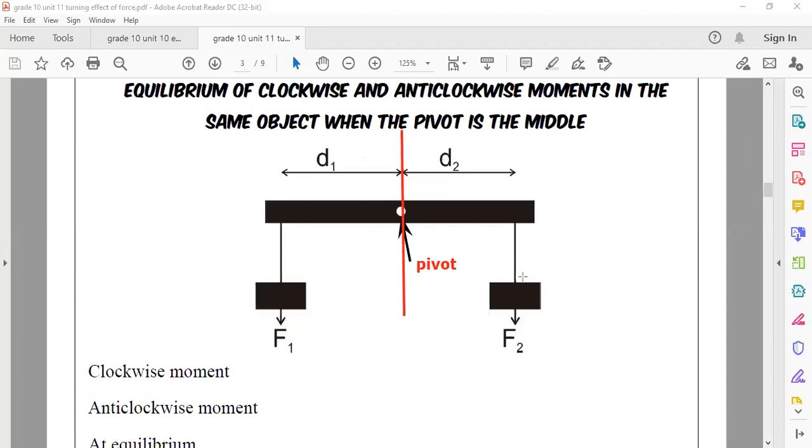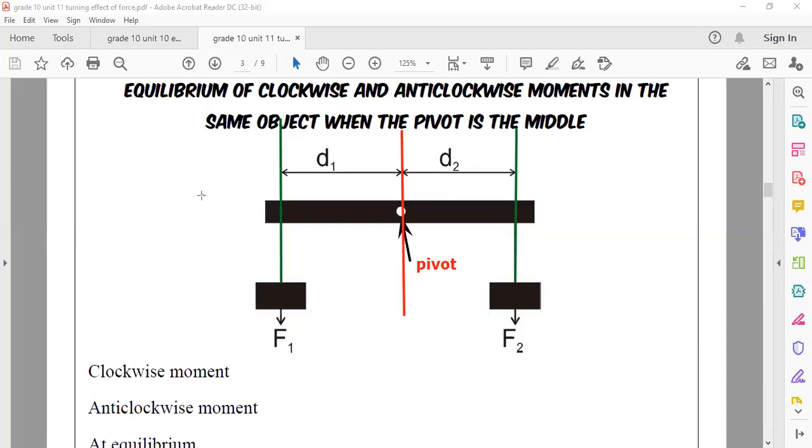The right side force has a line of action this way. The left side force has a line of action this way. Understood? Yes, sir.